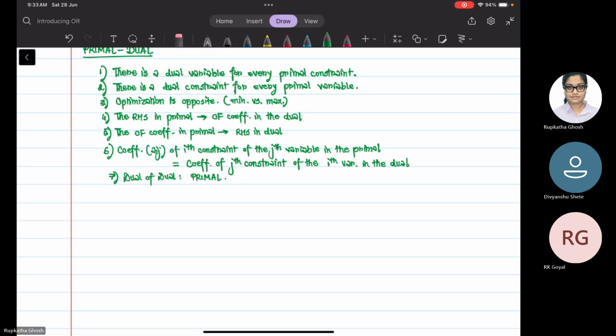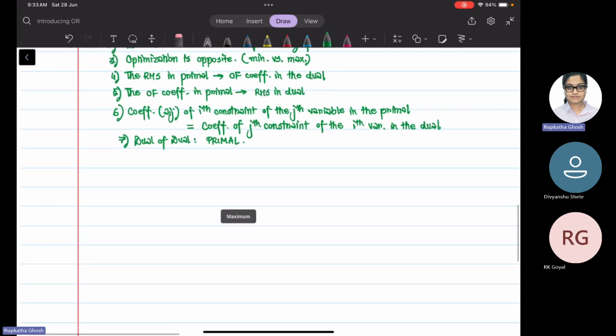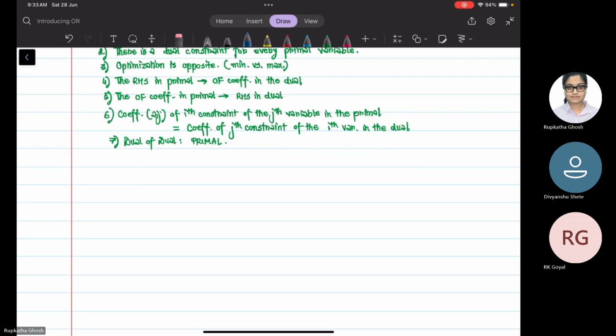Now, what are the advantages? Why do we do duality? The relationship between any primal and dual LPP gives us very interesting economic insights. So, talking about the advantages of duality.